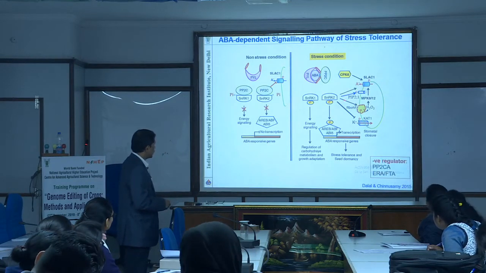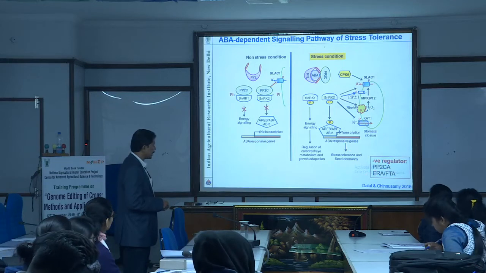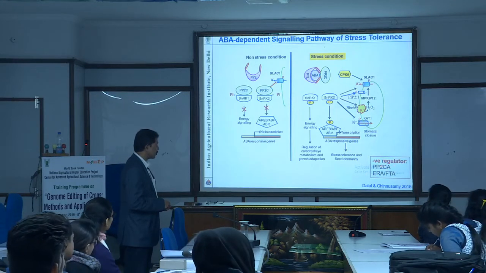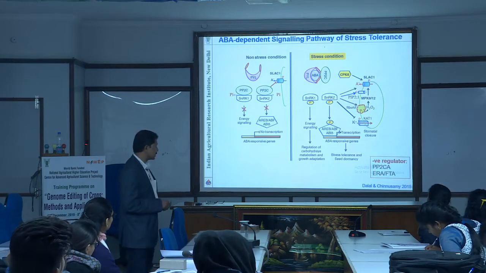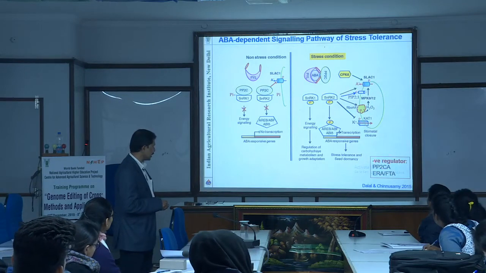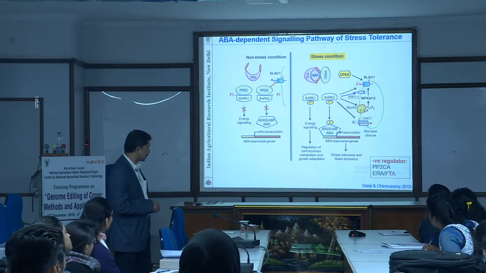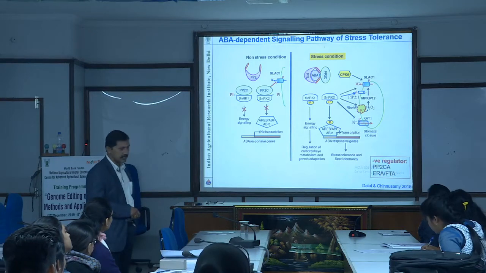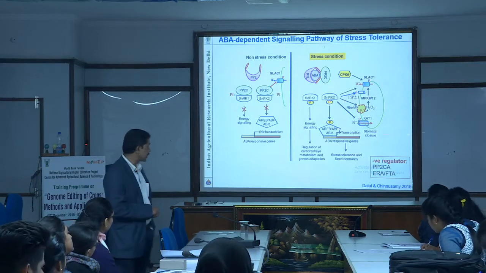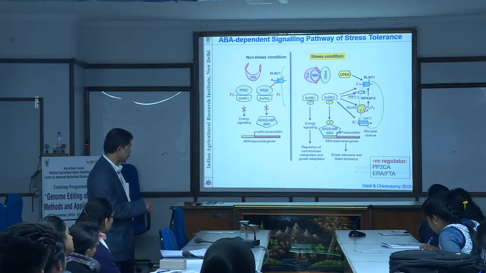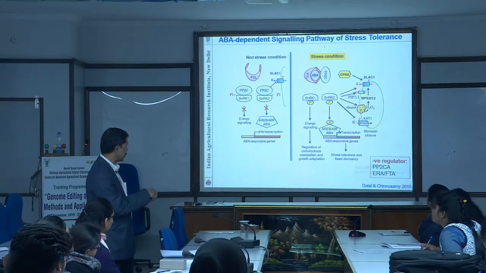So in this, the protein phosphatase 2C is the major negative regulator, and in addition to that, it was reported about 20 years back that the farnesyl transferases negatively regulate the signaling, but we don't know exactly where they work.